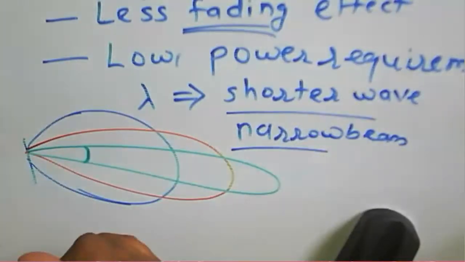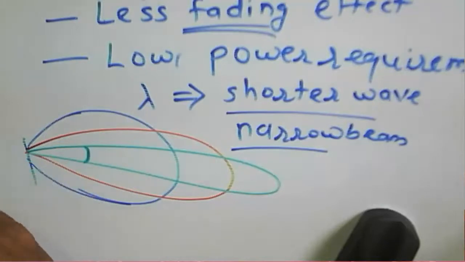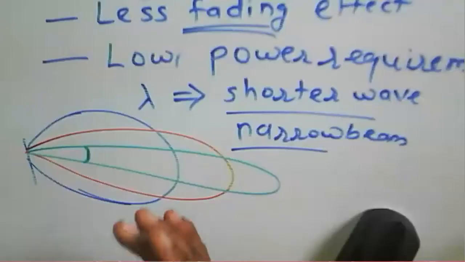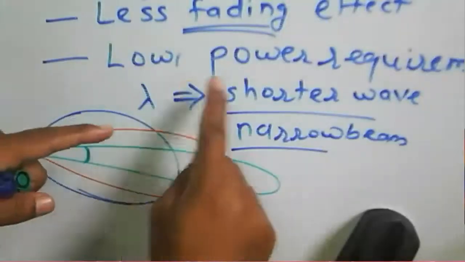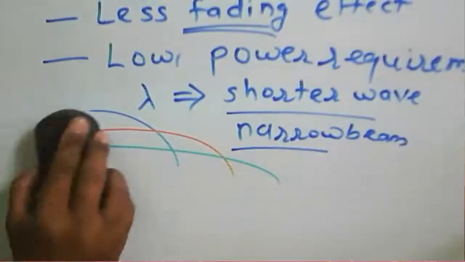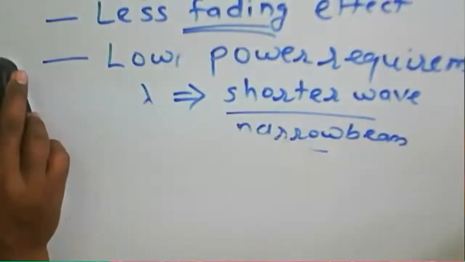Because of that narrow beam, the microwave signal is concentrated in the given region. Because the power is concentrated in a small area, the power requirement will be very, very small. So that's why a low power requirement. So these are the advantages of microwave.